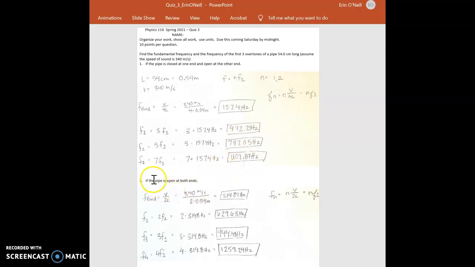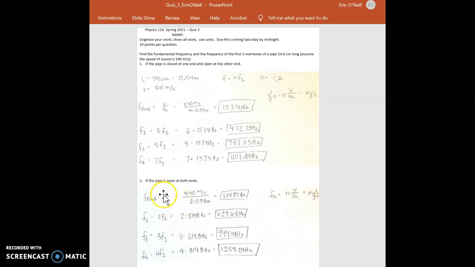And so then we do the same thing for this second problem where the pipe is open at both ends, although the setup of the equation is n times v over 2L instead of 4L because it's open at both ends.